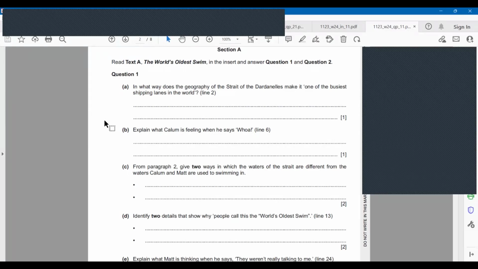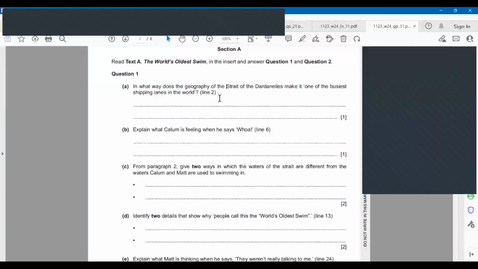In question 1A, whenever you're reading a question, make sure that you understand it. They're asking, in what way does the geography, something to do with the location, make the Strait of Dardanelles one of the busiest shipping lanes in the world.